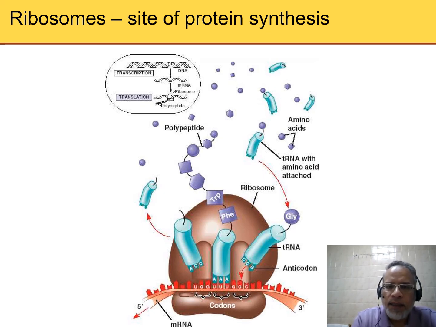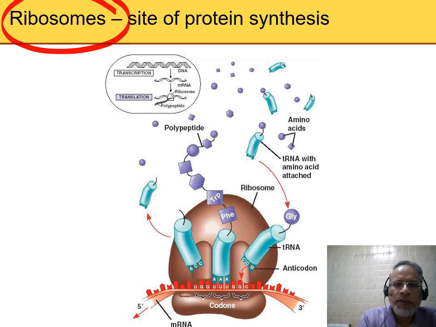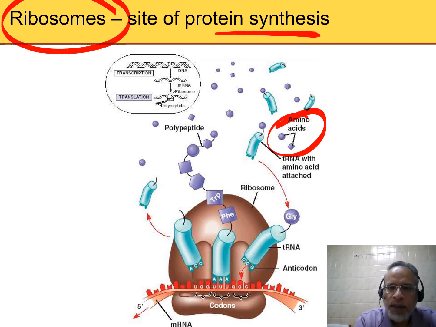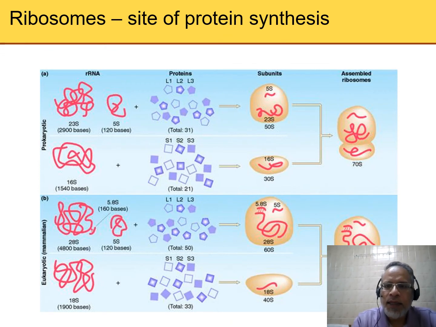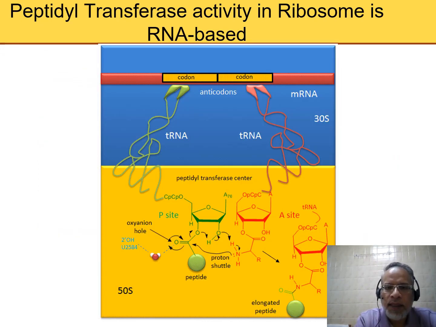And just to let you know that in the ribosome, where proteins are made, you have amino acids coming in, and they become a polypeptide, and this happens inside the ribosome. There's an enzyme that joins two amino acids together, which is called peptidyltransferase.